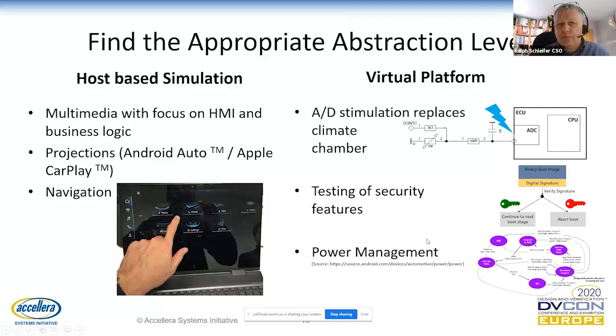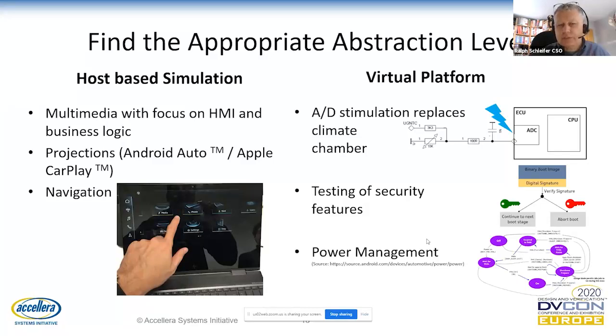Other things where you probably don't want to go for a classical virtual platform, but where you would like to go for a host-based simulation, are use cases like connecting Android Auto or Apple CarPlay to the infotainment system that you're developing. And last but not least, navigation certainly is something where you need to have real-time performance, where you would like to interact with the application.